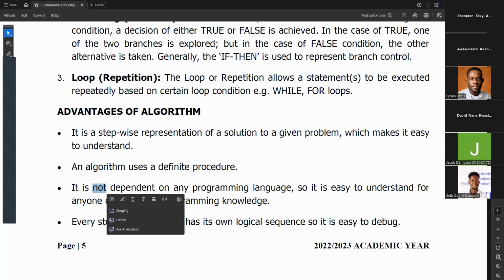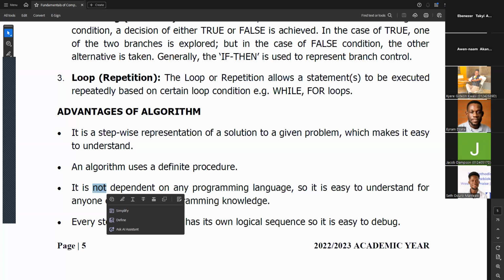It's for you to brainstorm and look at what the problem is, then use your basic English knowledge and your operators to come up with an algorithm, a step-by-step solution to the problem.